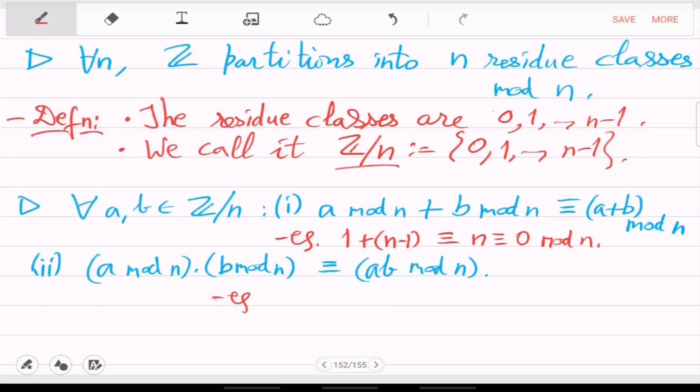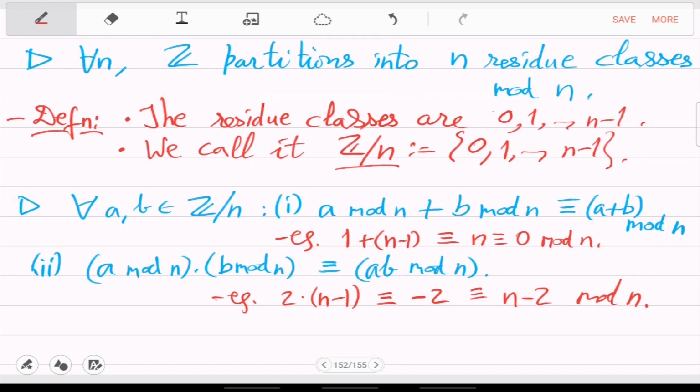So for example, you can also do 2 times n minus 1, which is actually minus 2, which is n minus 2. And so on. So you can multiply any two numbers and it will give you something bigger, but then you can bring it back by the remainder. So this is what Z slash n affords.